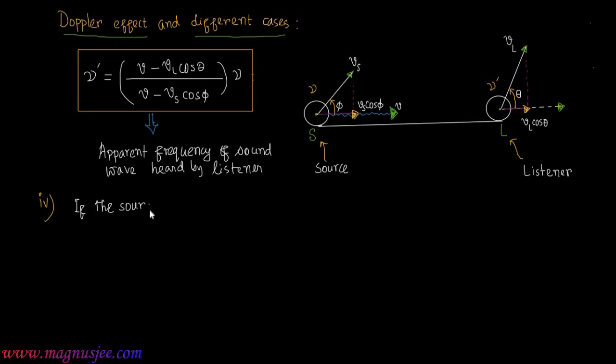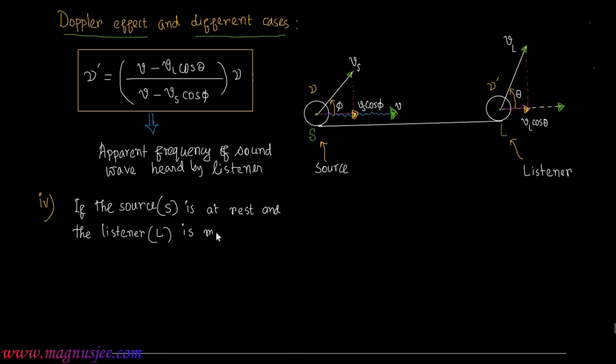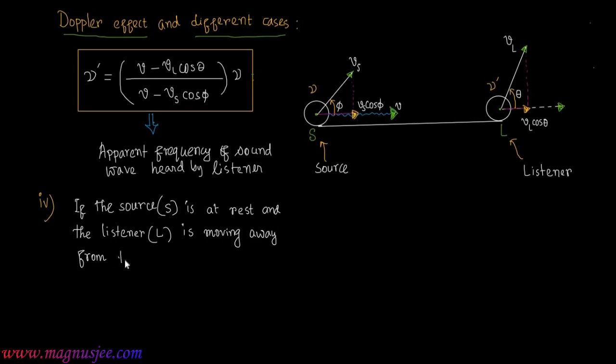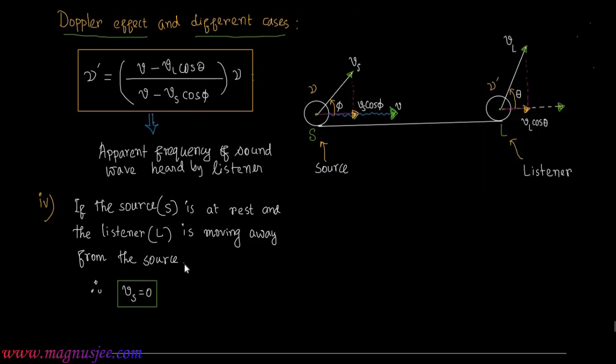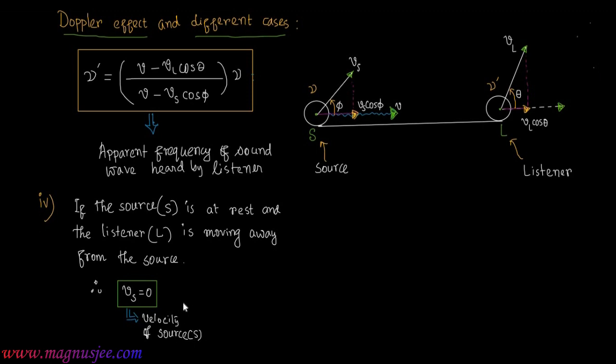If the source is at rest and the listener L is moving away from the stationary source, in that case the velocity of the source, Vs, will be equal to 0, where Vs is the velocity of the source of sound.